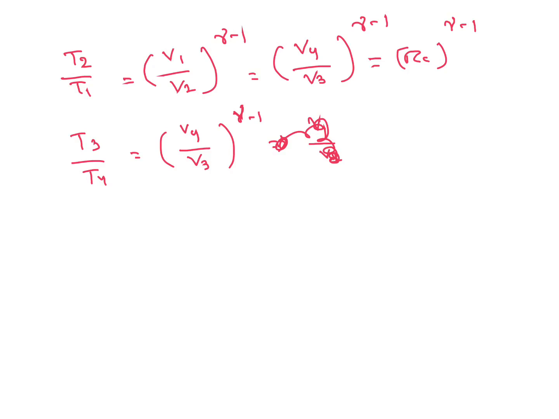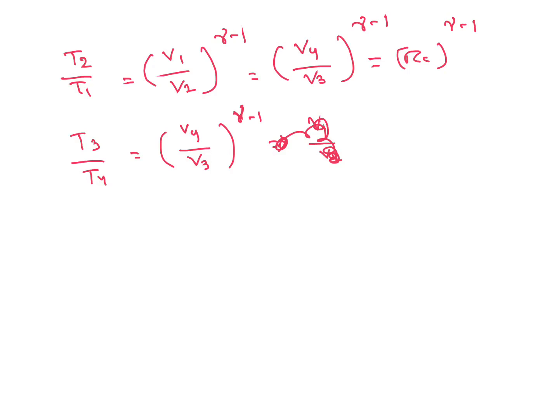So you just replace V1 by V2 with V4 by V3, and V4 by V3 or V1 by V2 equal to RC, the compression ratio. So RC to the power gamma minus 1 is T2 by T1.